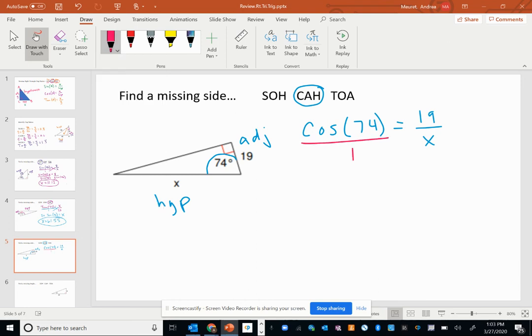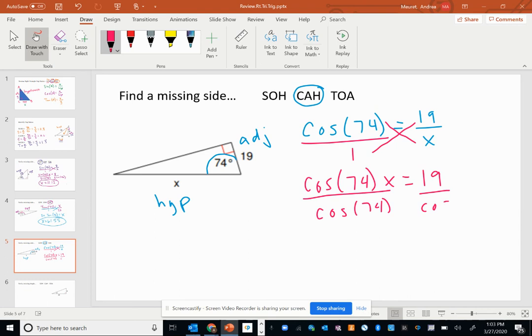So again, we have a proportion, and we can find the cross products and make them equal to each other. And then this cross product, 1 times 19 is just 19. So to get x by itself, divide by the cosine of 74 on each side.